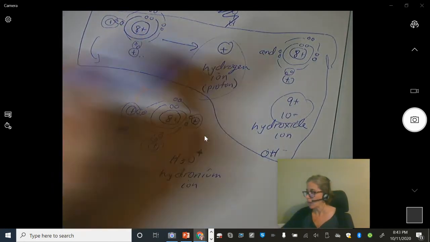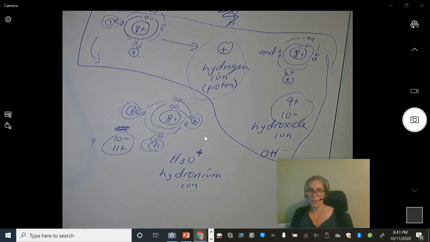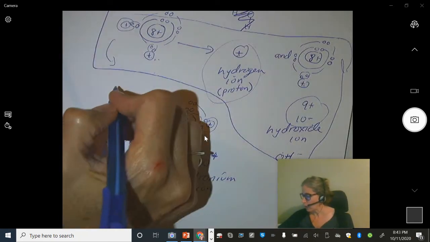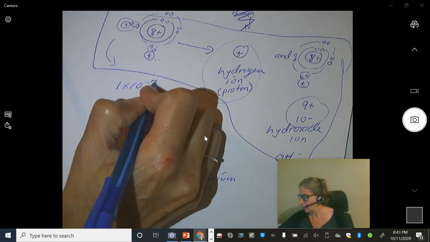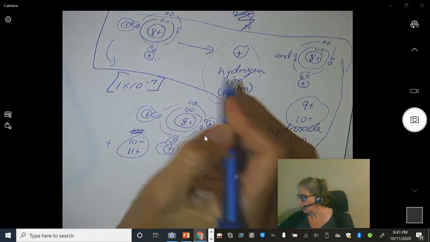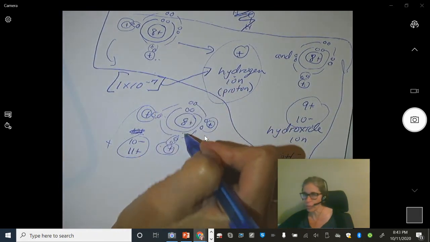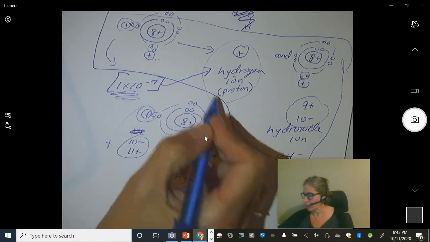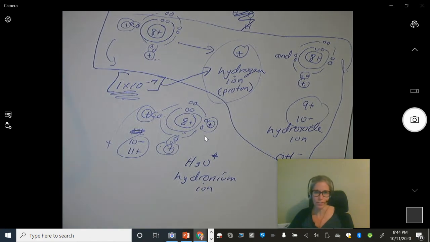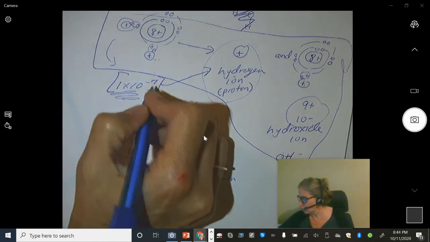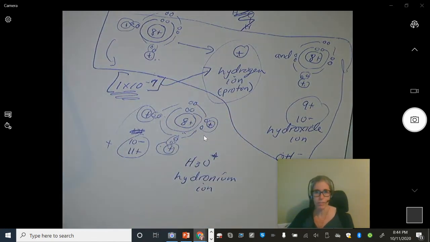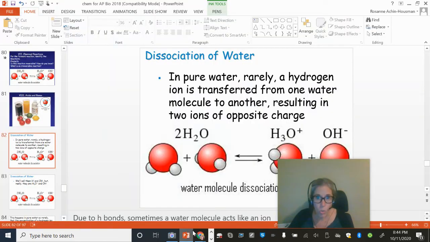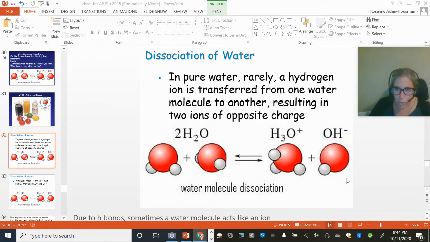Okay, so water dissociates very rarely, about 1 times 10 to the negative 7th molar. That's the concentration of these in pure water. So you get just a tiny little bit of that hydrogen ion in water. 7, that's a funny number, but that's what it is, 1 times 10 to the negative 7.